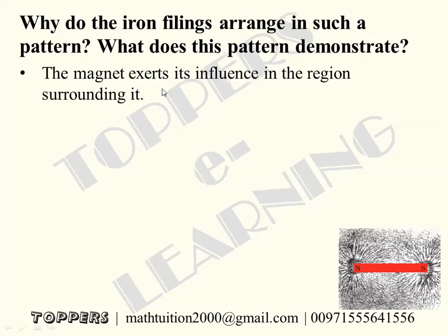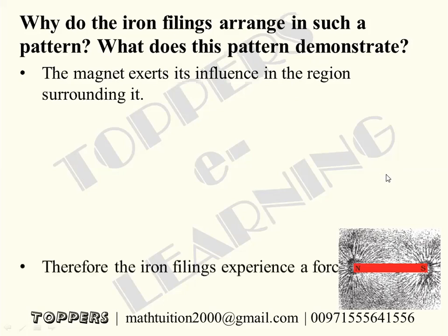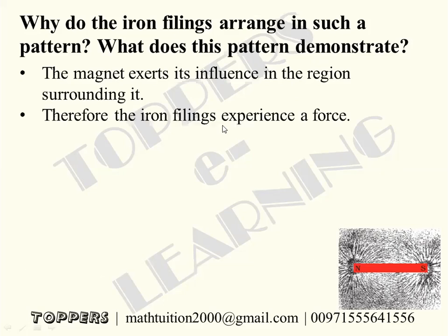The magnet exerts its influence in the region around it. Correct? You have a bar magnet. Its influence will be there around it in the space. Therefore, the iron filings experience a force. Iron is a magnetic material, so magnetic interaction will take place on iron particles, right?